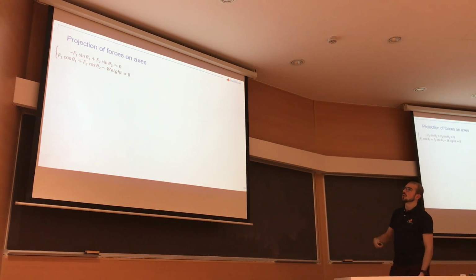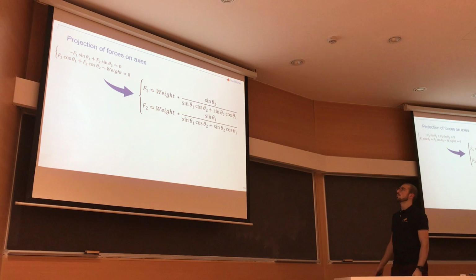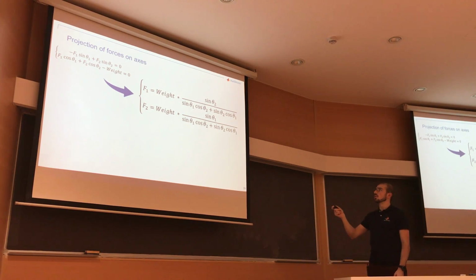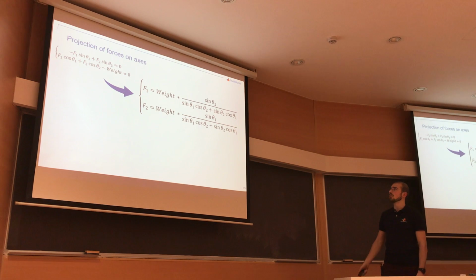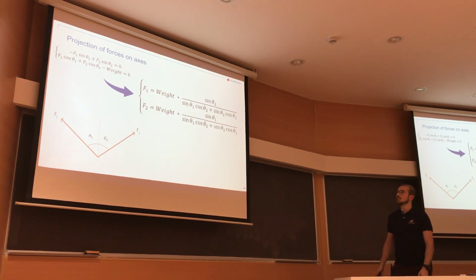So we need to do some computation, and we end up with this projection. This is very interesting. We now have the exact value of F1 as a function of the two angles, and we have the exact value of F2 as a function of the other two angles, the same angles as before, as I showed here in this picture.